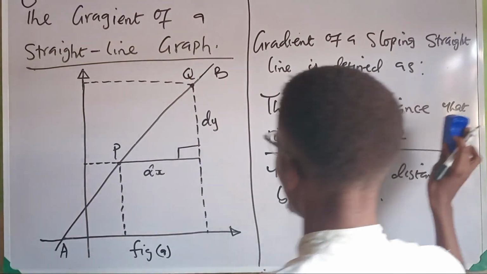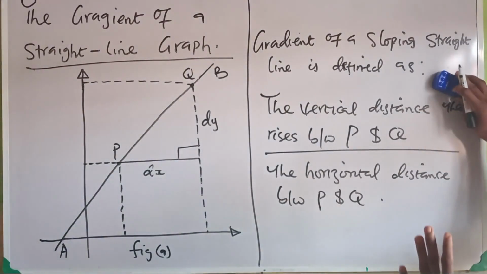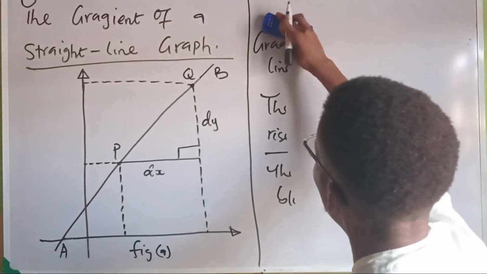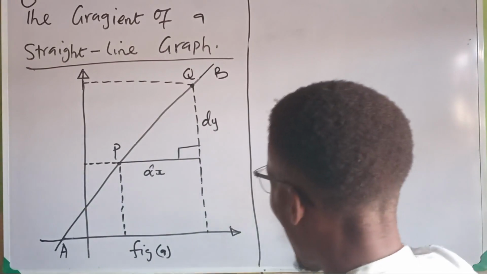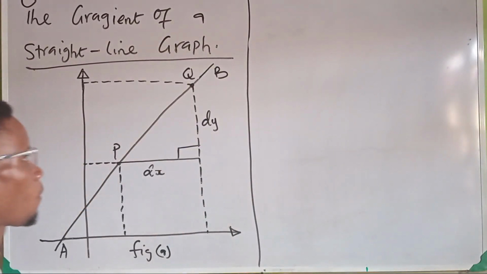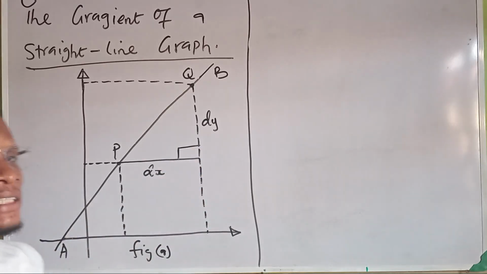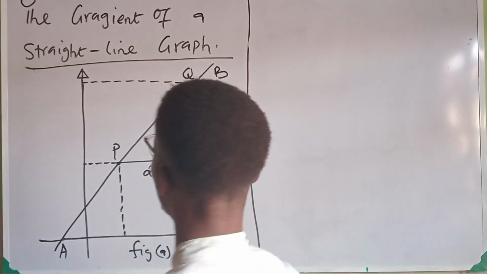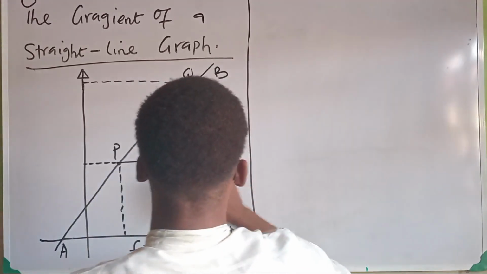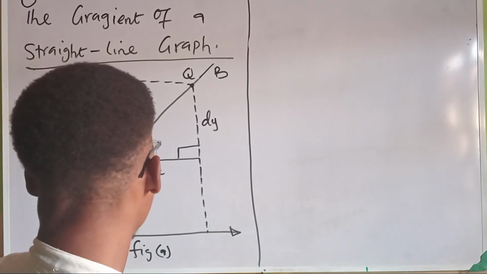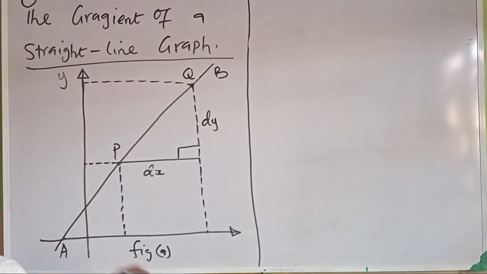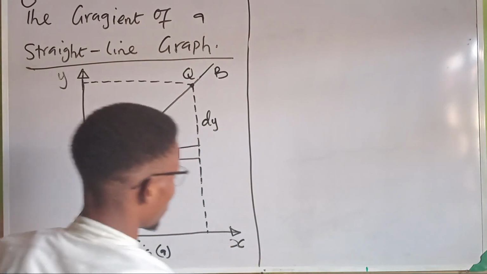Now, having defined the gradient of a straight line, we need to know what this dx and dy that we're seeing here are. This dx dy is the changes between the x and y axis. So this is the y axis, and this is the x axis.